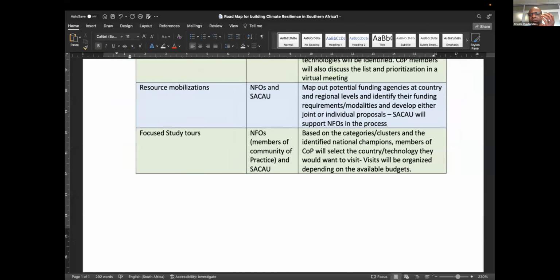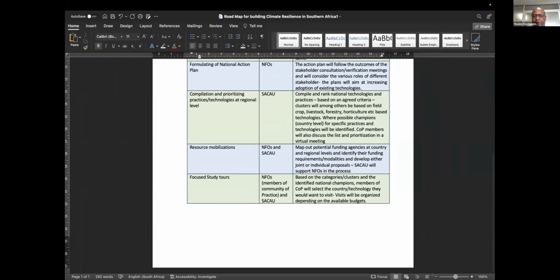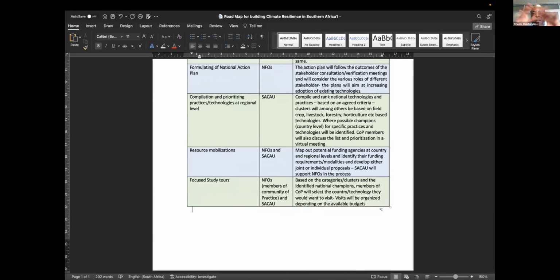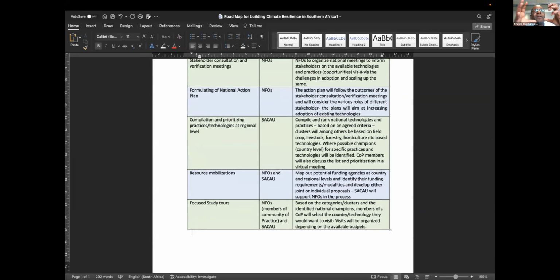So based on the categories or clusters, the identified national champions, members of the COP will select the country technology they would want to visit. This will be organized depending on the available budgets. So I've already said that it's better for these clusters. If you are in the crop cluster, you visit the crop innovation center.